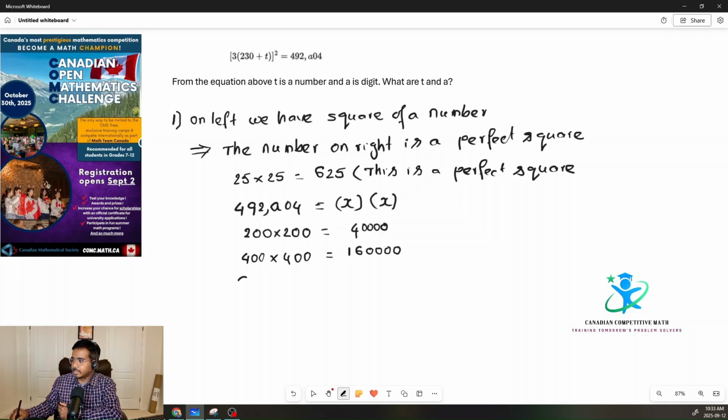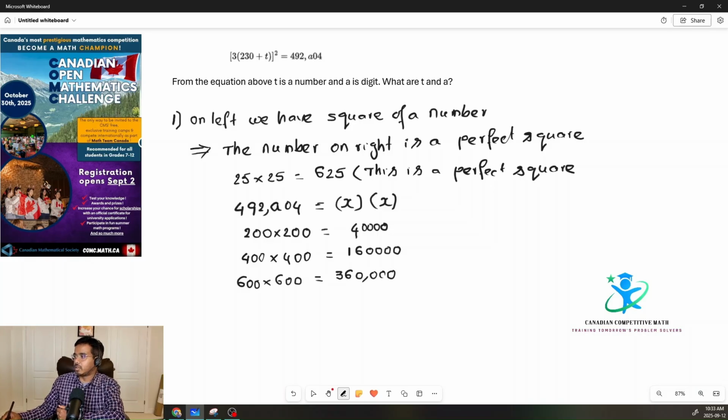Let us take 600 times 600. This will be equal to 360,000. Still, 360,000 is less than 492,000, meaning I can go a little bit more.